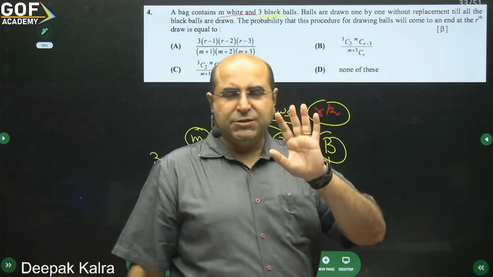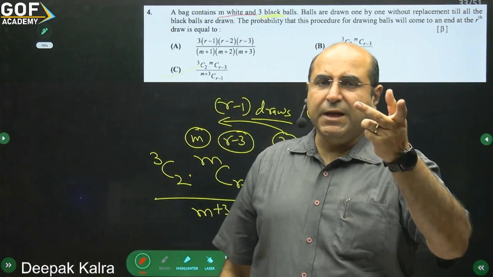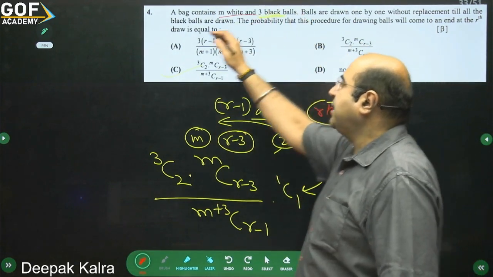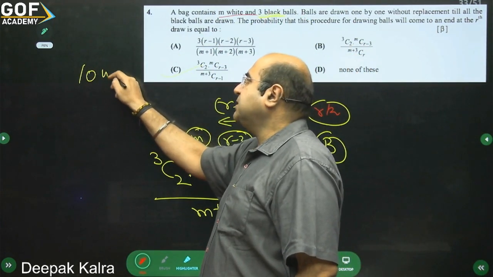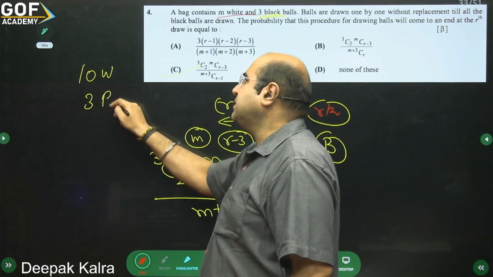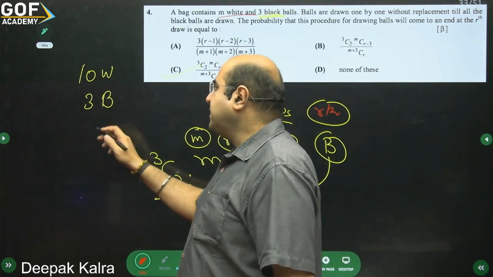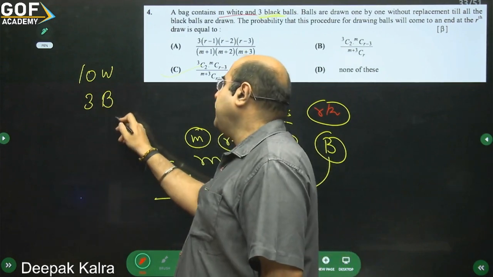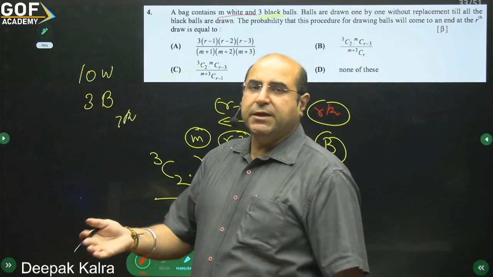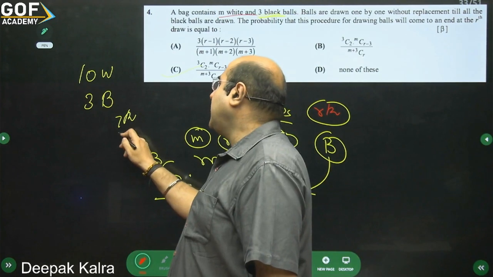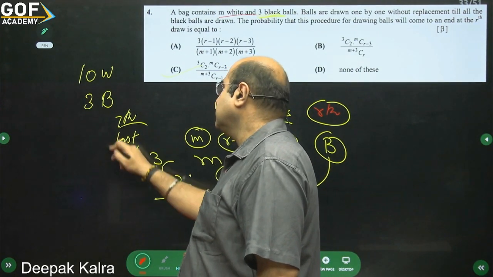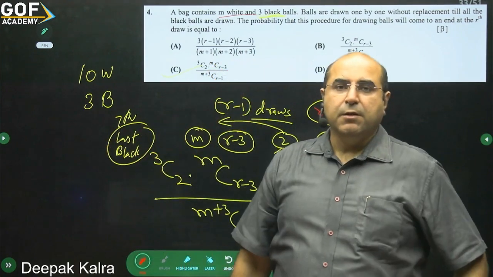It is actually a complicated one when it comes in M and R type. If they say something very simple, that you have 10 white balls, let us suppose, 3 black balls, let us suppose, and they say that one by one ball is drawn, in the seventh draw the last black ball is to be taken out. Seventh draw. What happens?